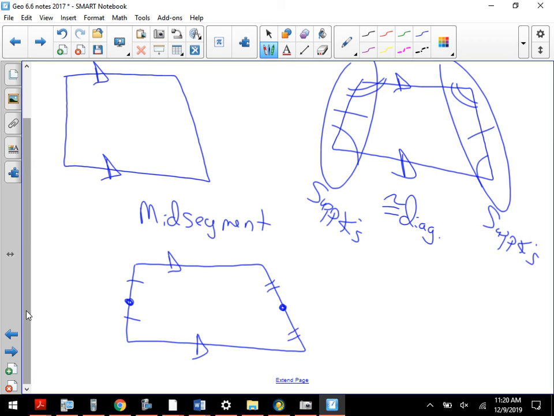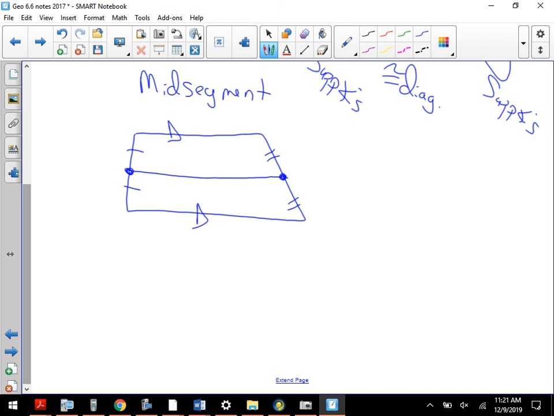Okay. Mid-segment is the segment that connects midpoints, and it's equal to, just like we did this before, this mid-segment is equal to half the sum of the two sides it doesn't touch. No, but not touched.